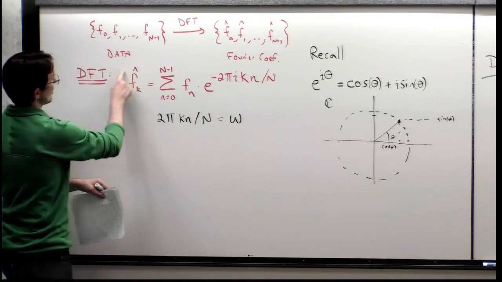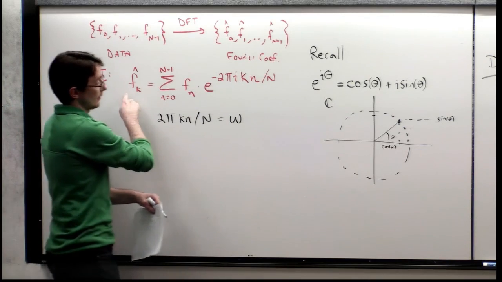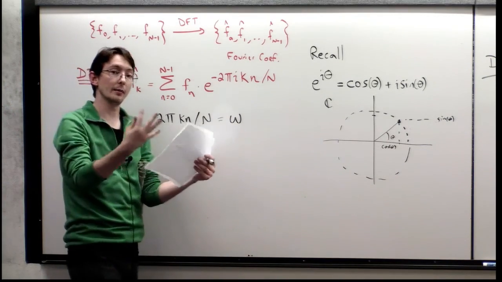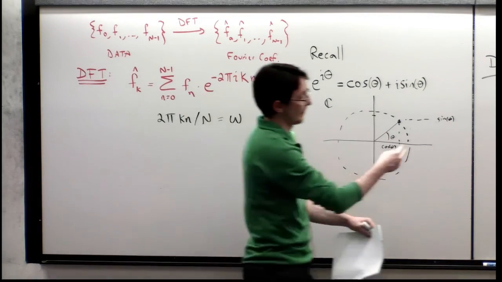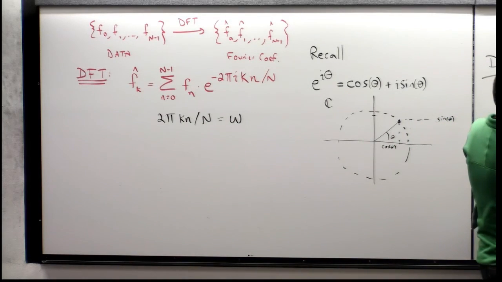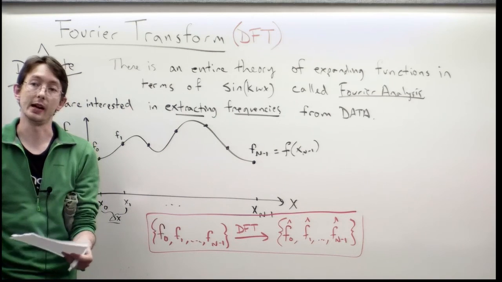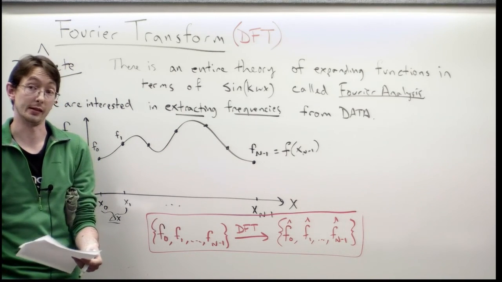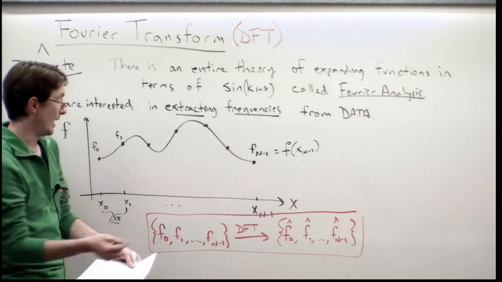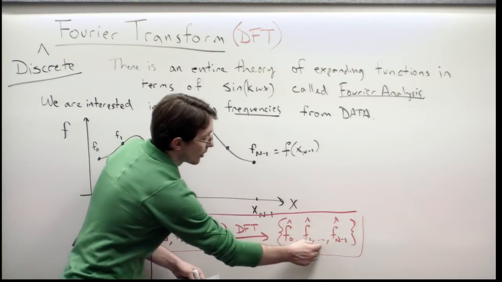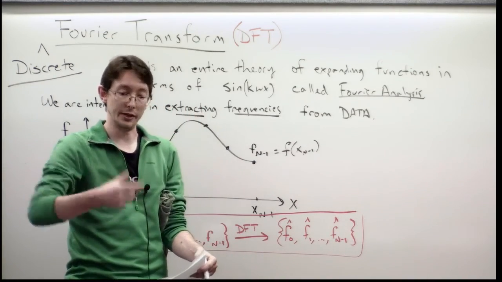And these are the coefficients for that frequency. So I'm taking my original data and breaking it up into a sum of sine waves of different frequencies. And these f hats are the magnitudes of each of those sine waves.